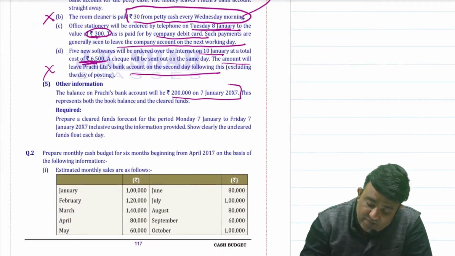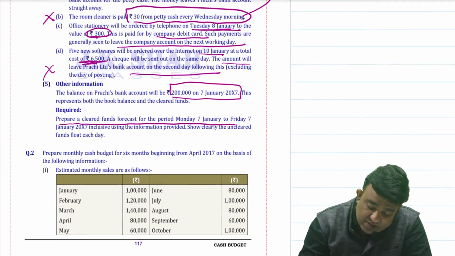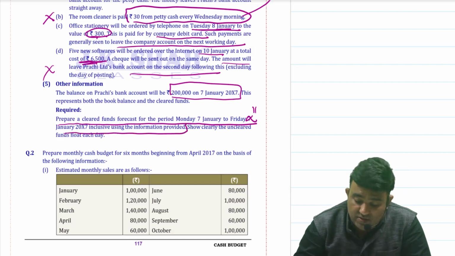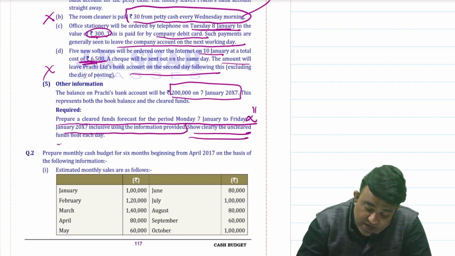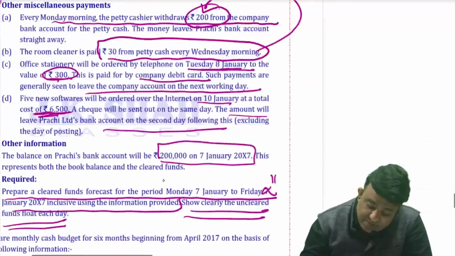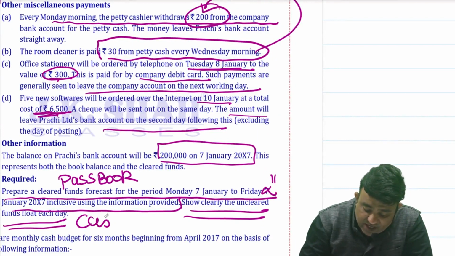2 lakh is the opening balance, and you are supposed to prepare a clear fund forecast for this 11th date, up to these 5 days. Done. But now show clearly the unclear fund float. Students, what is the meaning of unclear fund? Students, when I say clear funds, let me say it like this: clear fund is a passbook and unclear fund is a cash book.